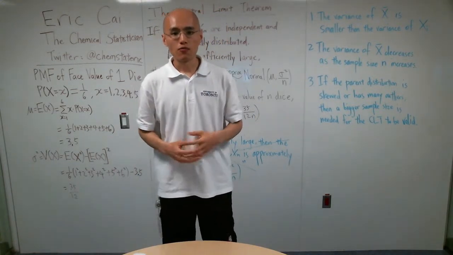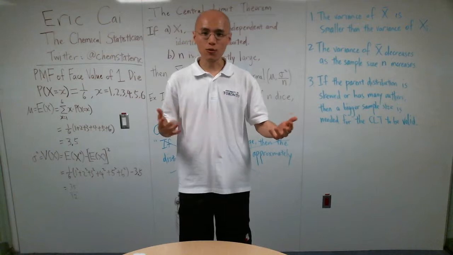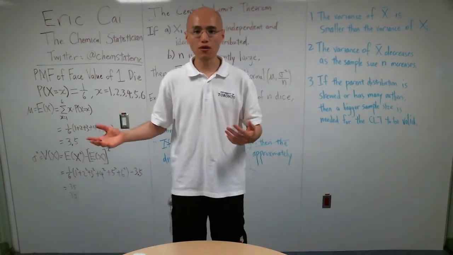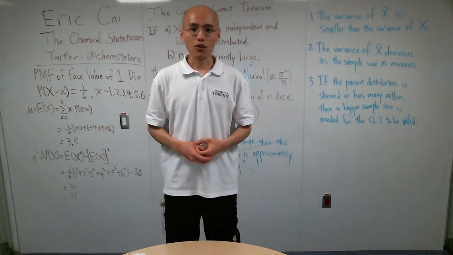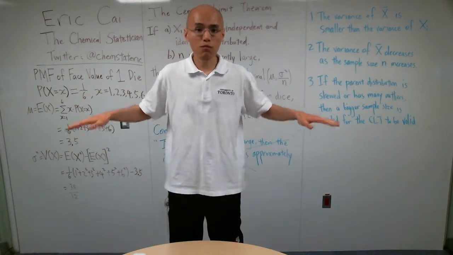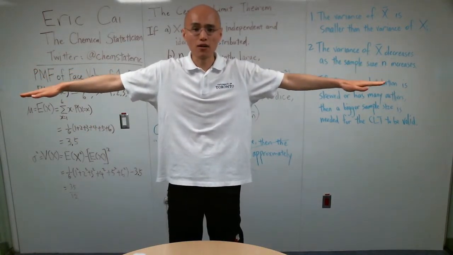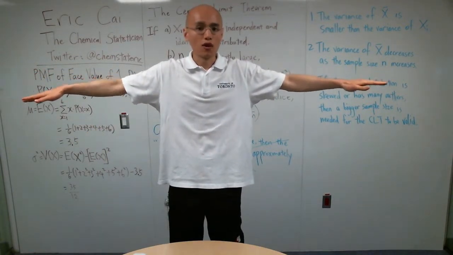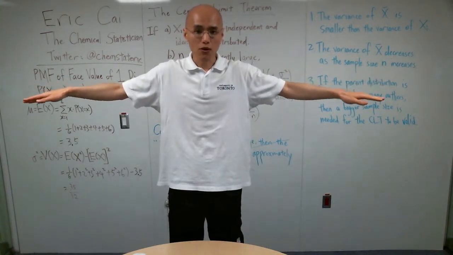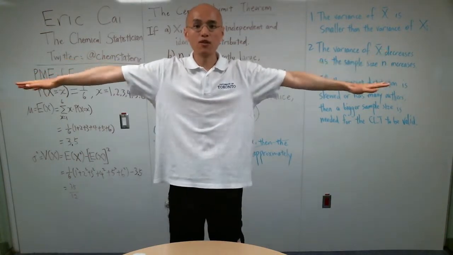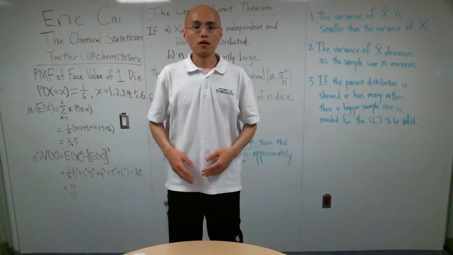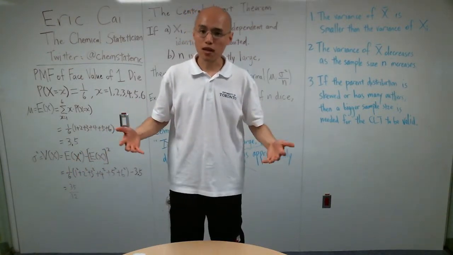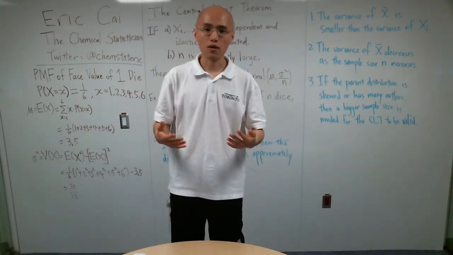So what's the difference between a skewed distribution and a distribution with many outliers? Well, you could be a symmetric distribution, but with very fat tails. So you're not skewed, you're symmetric, but you have many outliers because you got many extreme values. So you're going to need a bigger sample size for the central limit theorem to kick in.